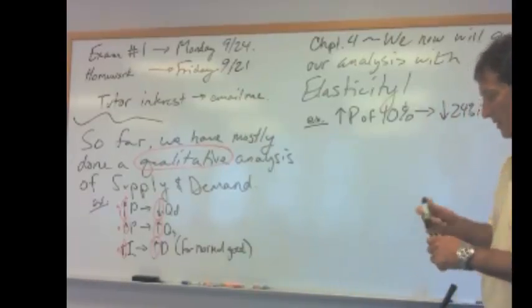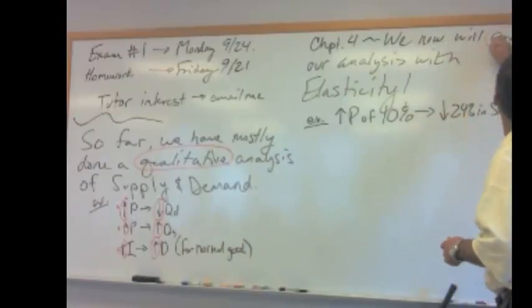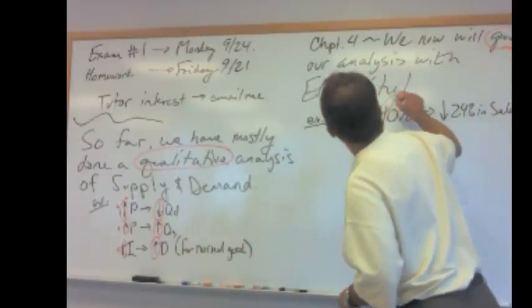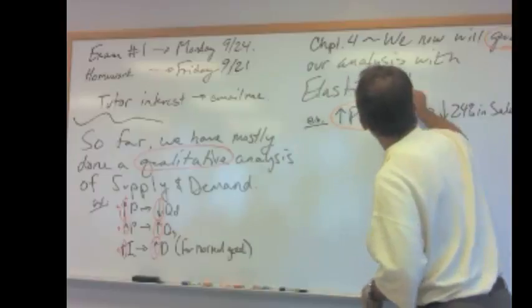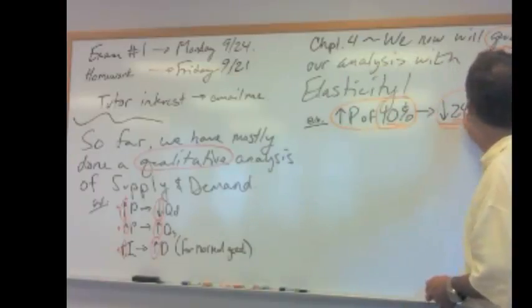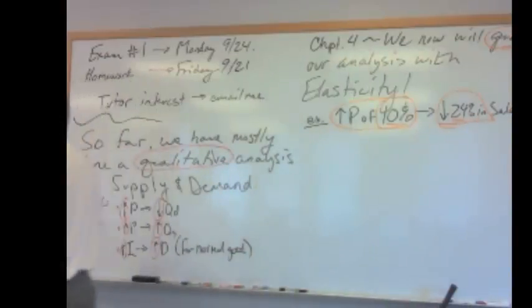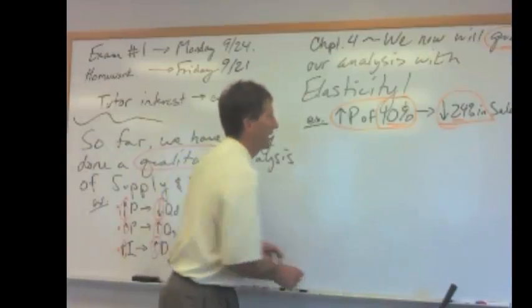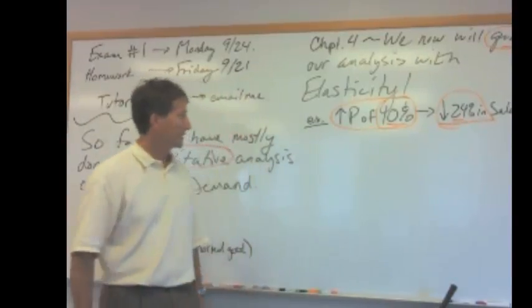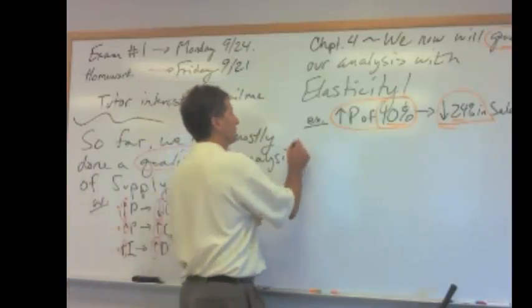How do we start to make these quantitative statements where we're increasing 10% and that's causing a 24% fall? We do this, for starters, by looking at the elasticities. So let me start you off with the definition.